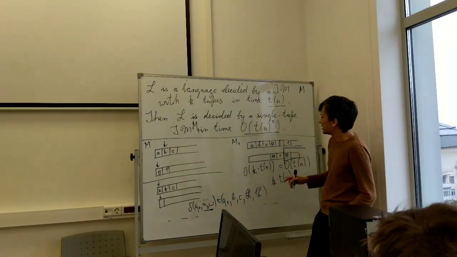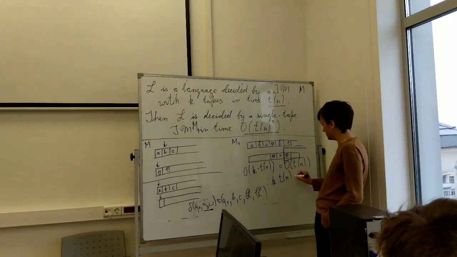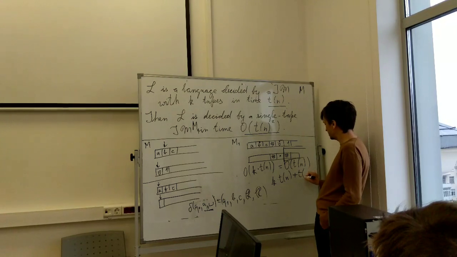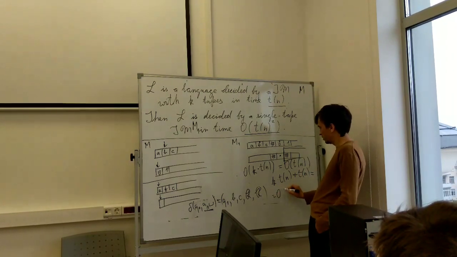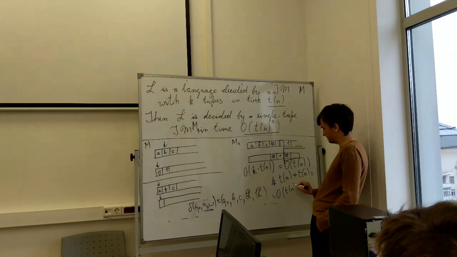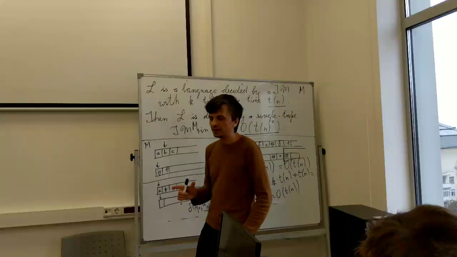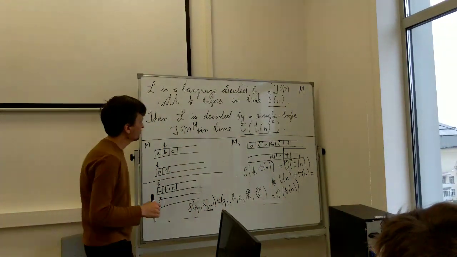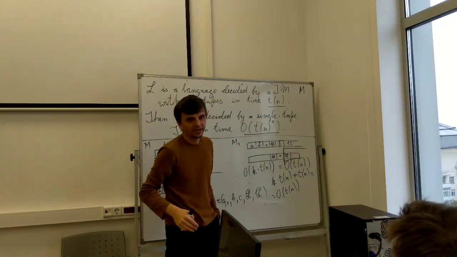So essentially we carry out this rule in time k times T of n plus T of n, and this is all O of T of n again. So we simulate one step in time T of n. And there are T of n steps. So we have T of n squared.